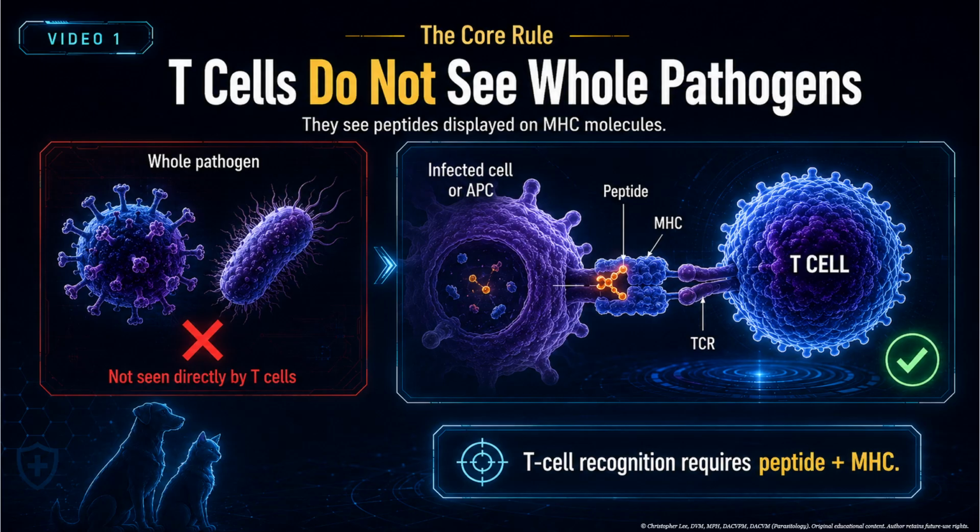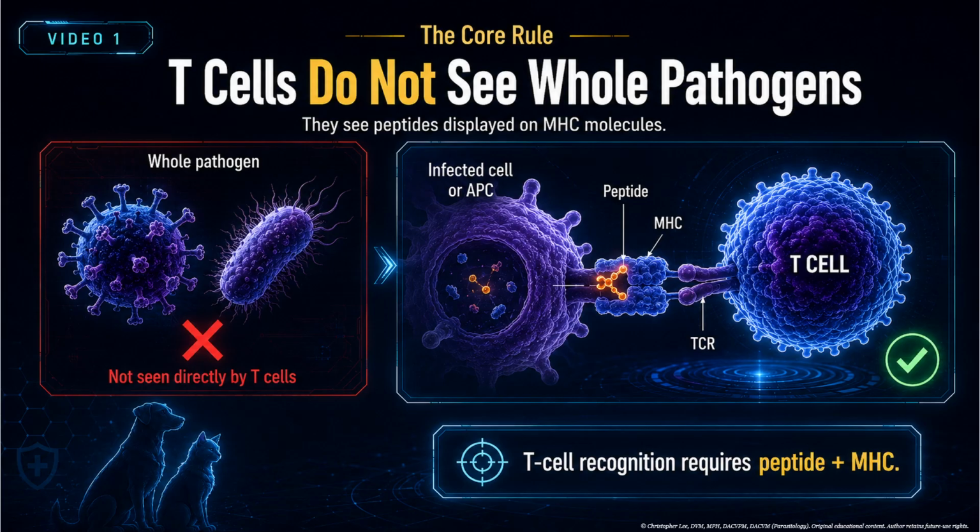Instead, it recognizes small peptides displayed on an MHC molecule. That peptide is like a molecular clue, and the MHC molecule is like the display platform. The T cell receptor, or TCR, is the inspector that checks whether the peptide MHC combination matches what the T cell is built to recognize. That is why antigen presentation is so important.